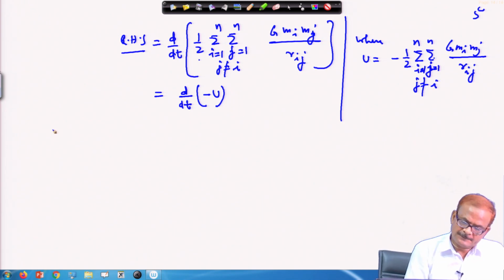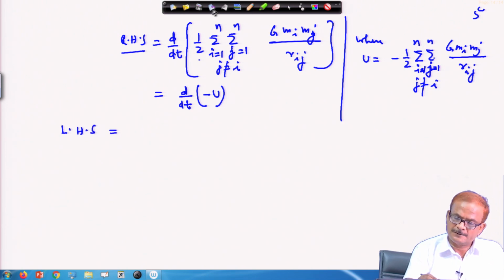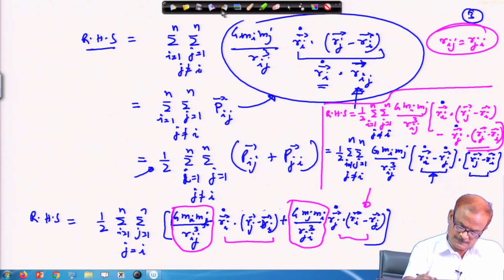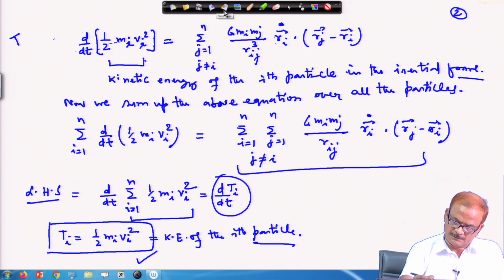Now, the left hand side we have looked into, and what we have got here is d T i by dt, and then we have to sum it over all the particles.